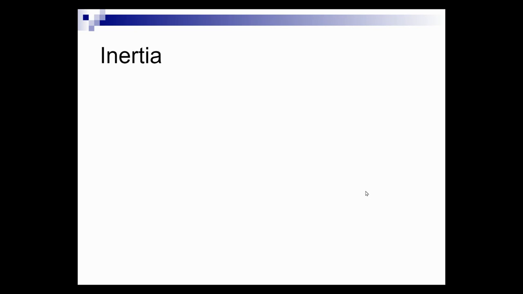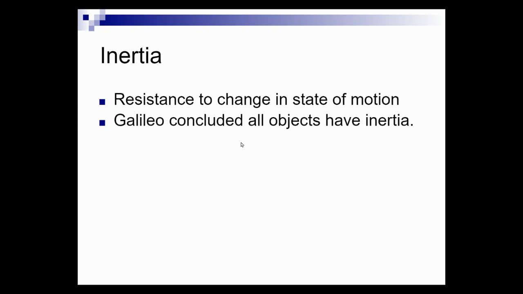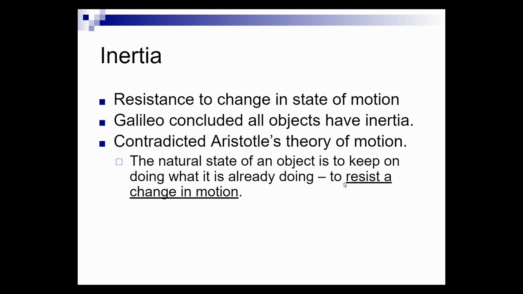Then steps in this idea of inertia. You can think of inertia as a resistance to change. Galileo concluded that all objects have some degree of inertia, and so he contradicted Aristotle's theory of motion, in that the natural state of an object is to keep on doing what it's already doing, to resist a change in motion.